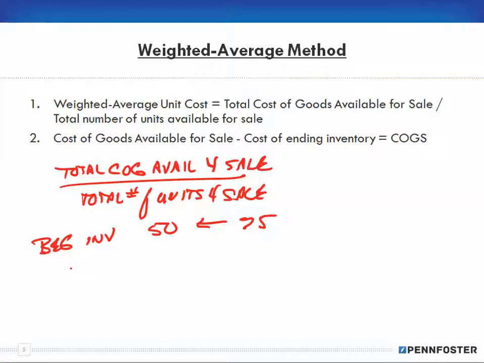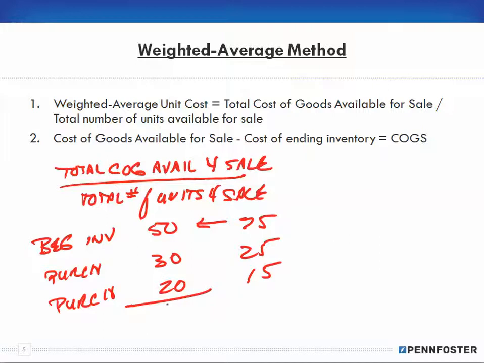Now, if I go out and buy 25 more, and this time I end up paying $30, that's a purchase. And let's say I have to buy another 15 more, and those cost me $20, so that's a purchase. So my cost of goods available for sale now is $100.